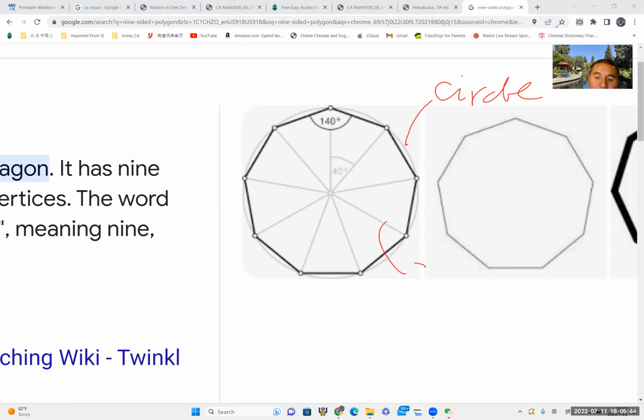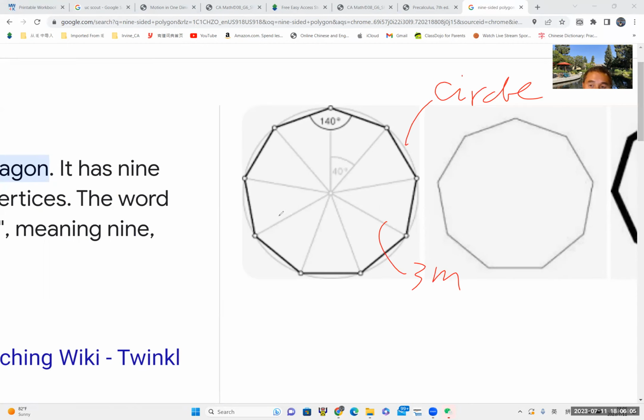Radius is 3 meter, right? As it's 9 sides, it's made by 9 equivalent triangles.